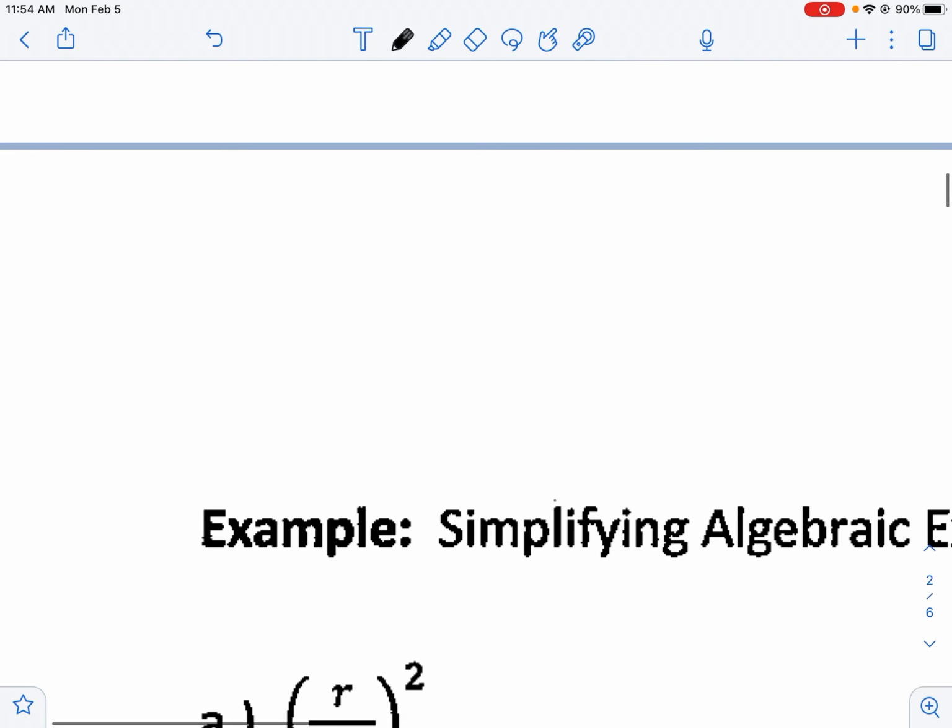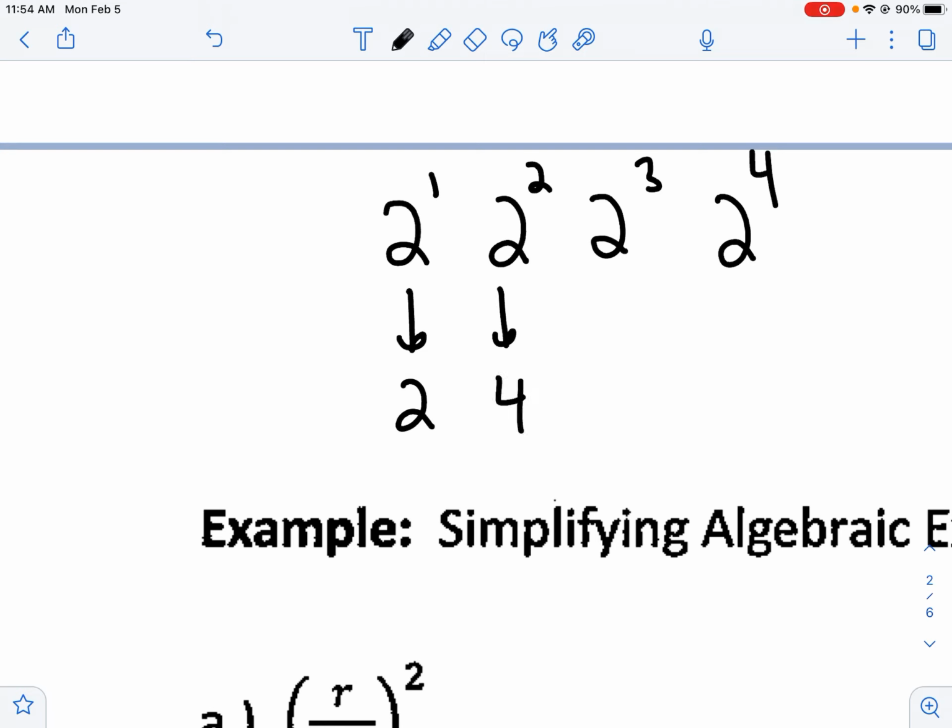So if we had 2 to the first power, and then we had 2 squared and 2 cubed and 2 to the fourth. 2 to the first is 2, 2 squared is 4, 2 cubed is 8, 2 to the fourth is 16. We know that, right? 2 cubed is 2 times 2 is 4 times 2 is 8.